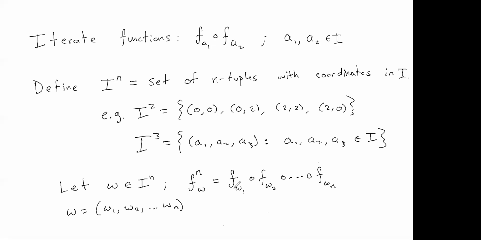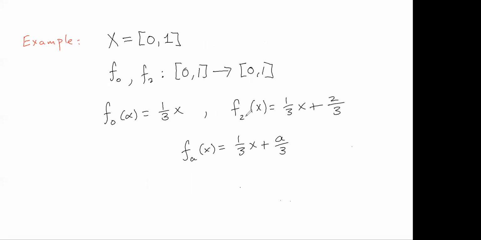And in every case, if we go back to the example, every one of these maps is one of these 2 maps, F0 or F2.